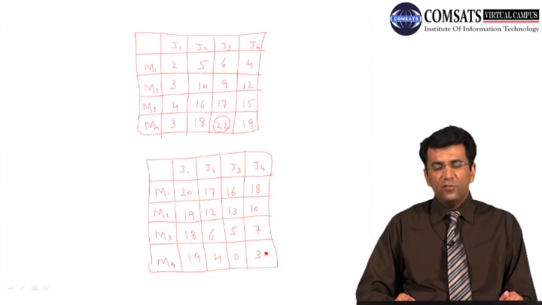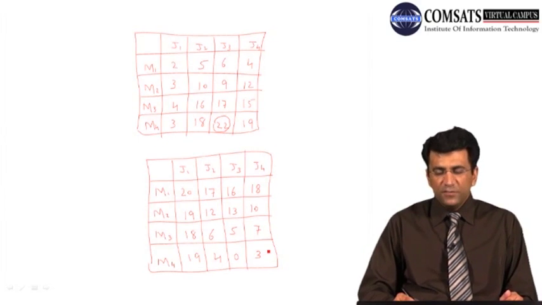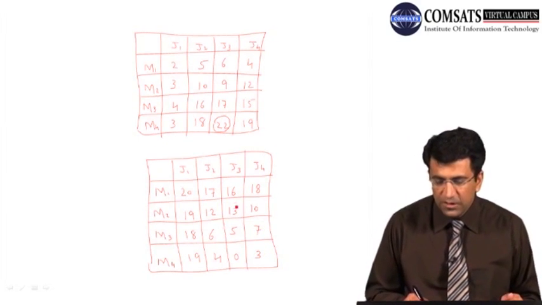And now again we'll have to apply the row operation. The row operation is, in this particular matrix we find out the minimum value out of each respective row. So let's find out the minimum value from the respective rows. In the first row you can see the minimum value is 16. In the second row the minimum value is 10, so you can write 10 here.